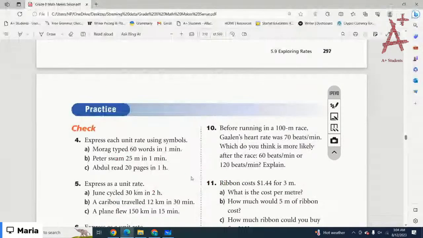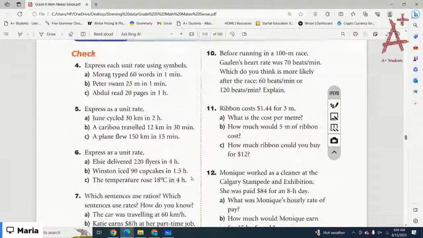The next question, question number 5, is express as a unit rate. You are given June cycled 30 kilometers in 2 hours. Unit rate means you have to calculate the distance he cycled in 1 hour, right?